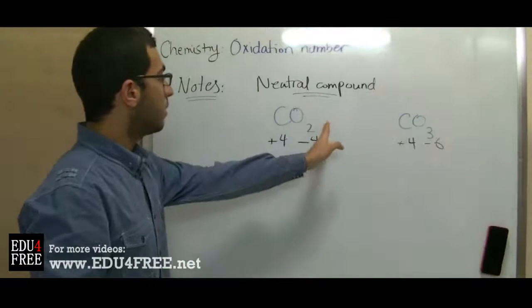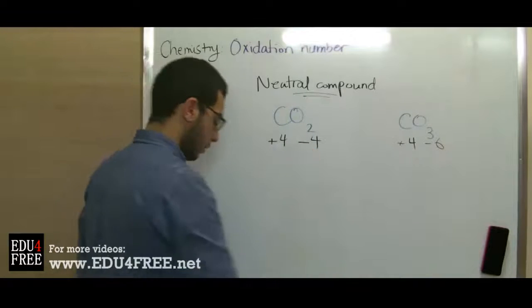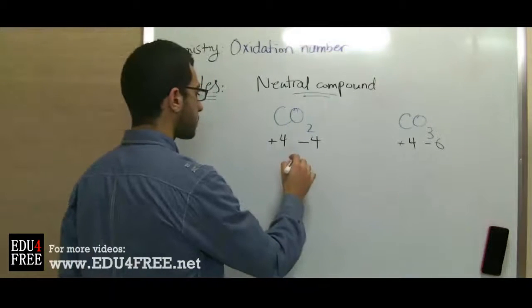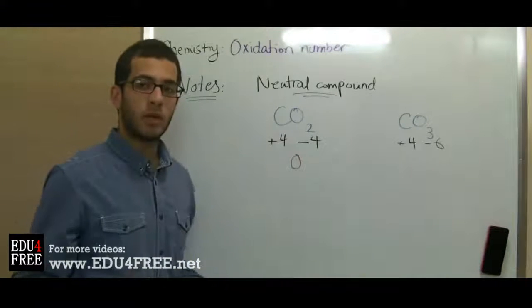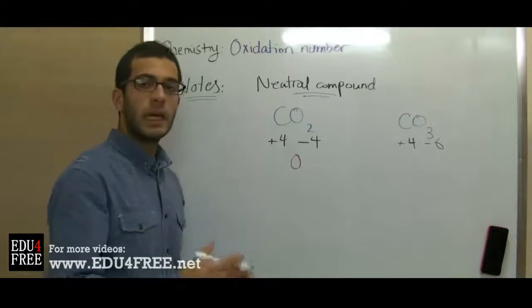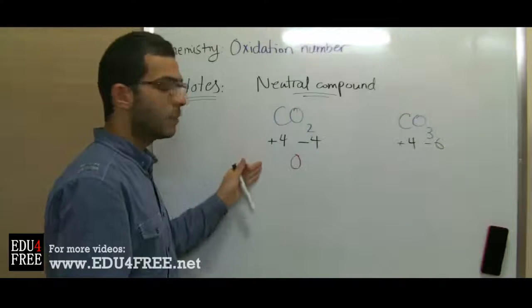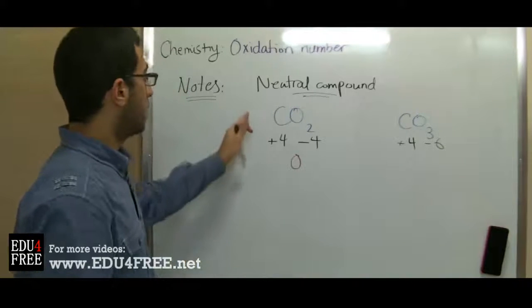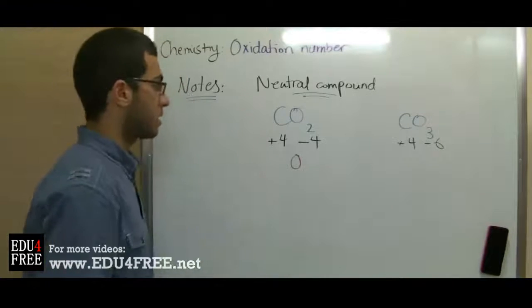So this compound is neutral, because if we sum positive 4 and negative 4, we will get a 0. So this compound doesn't need any more electrons to be stable. So it will be neutral. It will not react with any element that will face it unless it was exposed to any chemical conditions.